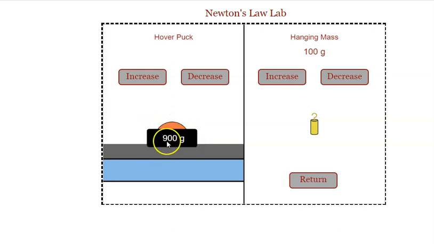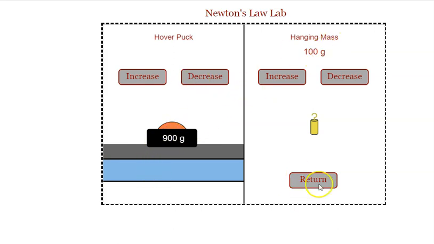So we'll start with 900, and we'll start with a hanging mass of 100. Just remember, we've got to convert those into kilograms, so it'll be 0.9 kilograms and 0.1 kilogram for this one. So the total moving mass is the sum of these two. So you have to remember to do that.